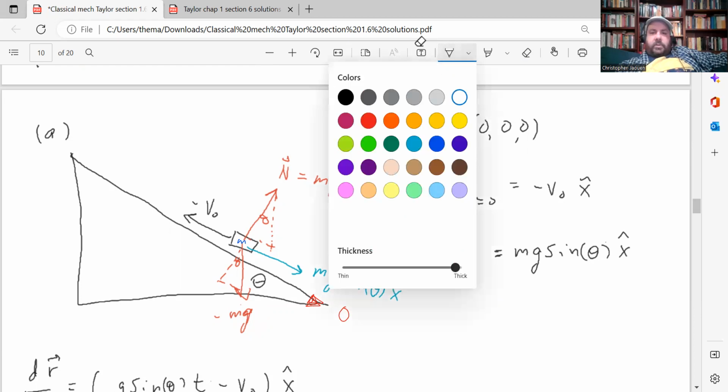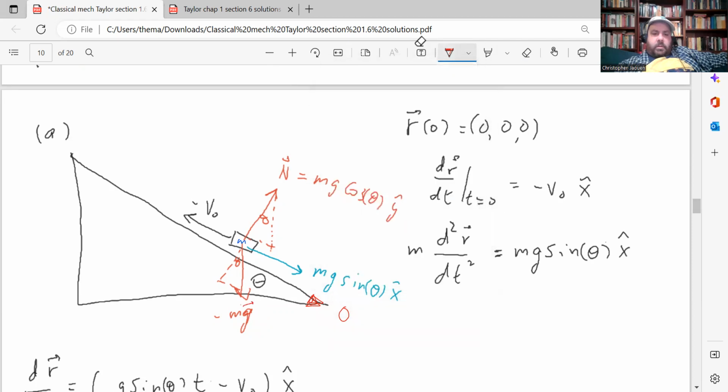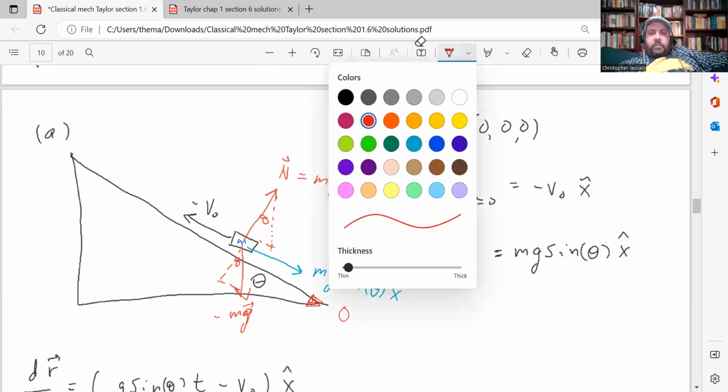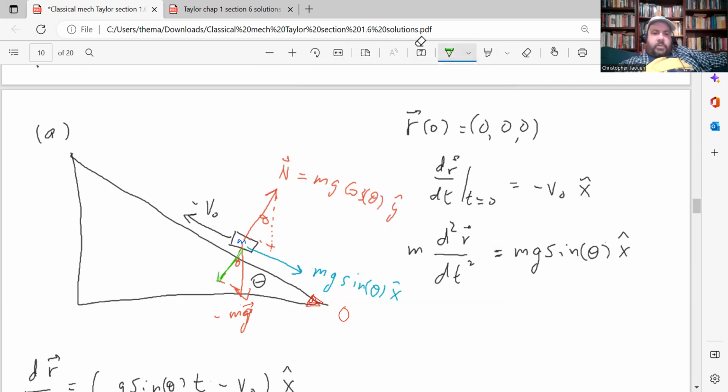There should be a vector symbol on that. This vector here is in the y direction. Let me fix this. Should I do this in a different color? Let me do it in green just to distinguish it. This part here is in the y direction with the way that I define the coordinates.